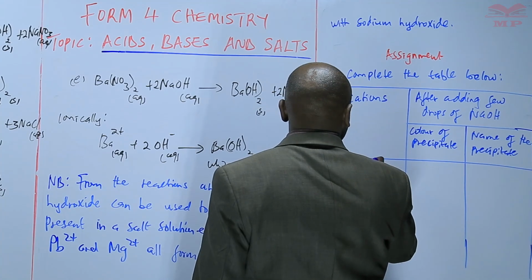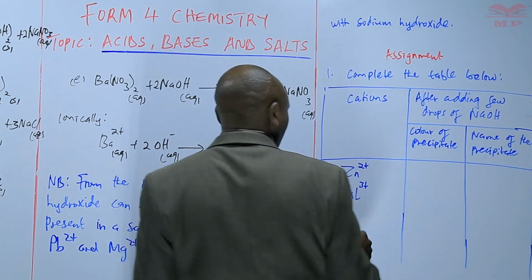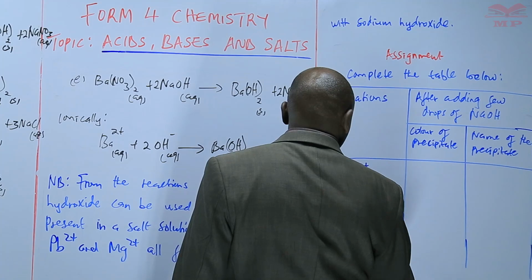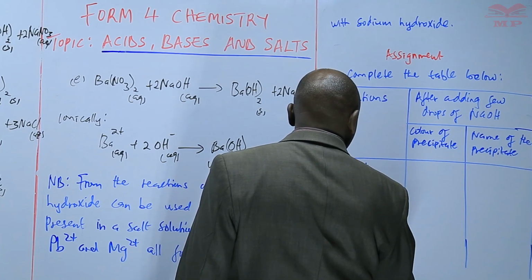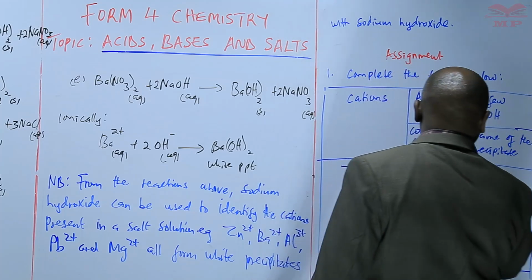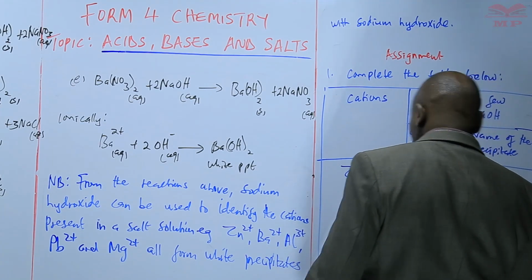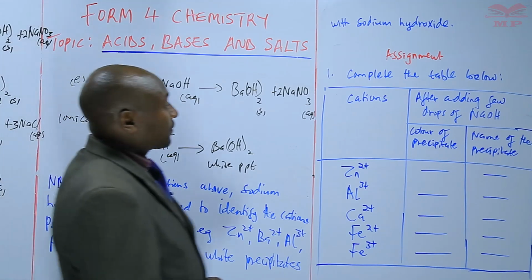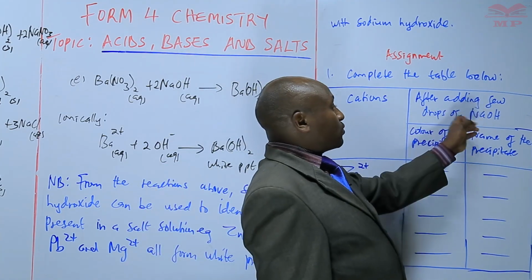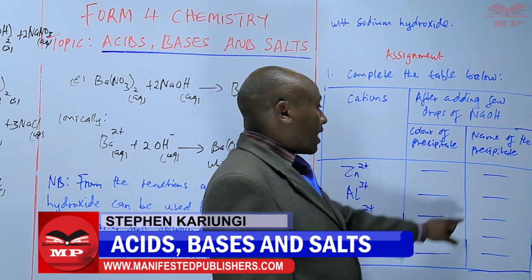We have zinc ions, aluminium ions, calcium ions, iron 2 ions, and then finally iron 3 ions. That is the assignment. Complete the table. After you add a few drops of sodium hydroxide to each one of them, what is the color of the precipitate in each and the name of the precipitate.